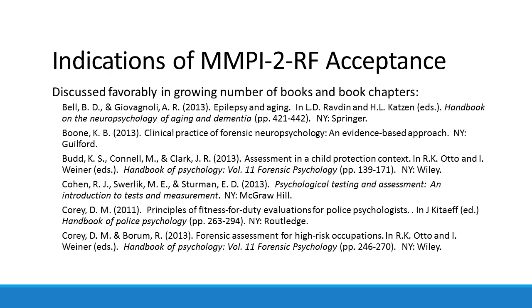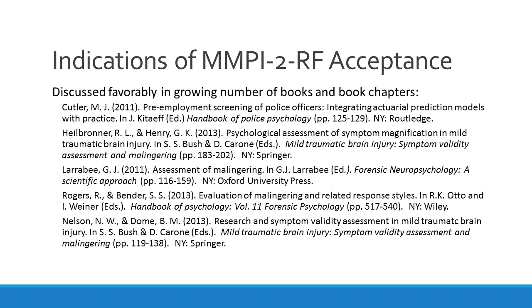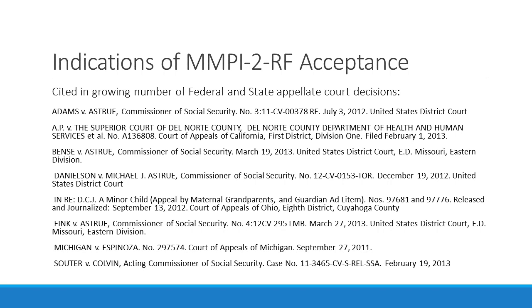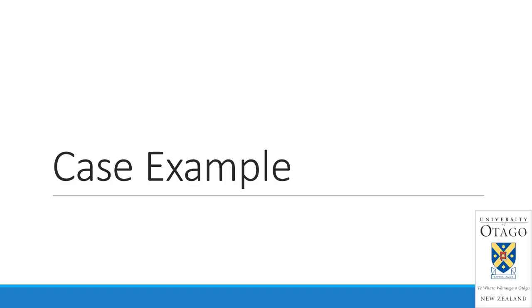It's been discussed favorably in a growing number of books and book chapters, as well as cited in a growing number of federal and state appellate court decisions. And to my knowledge, there has been no case where the MMPI-2-RF was deemed inadmissible for any reason.